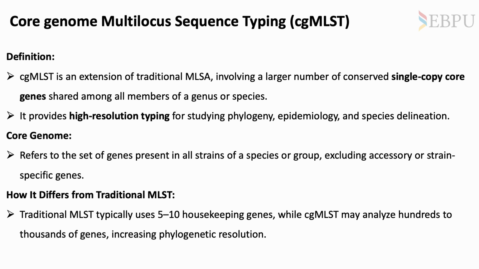This allows much higher resolution for phylogenetic analysis, outbreak tracking, and species differentiation. It focuses strictly on genes present in all strains of a group, which makes it a powerful tool for comparing closely related organisms and resolving taxonomic boundaries.